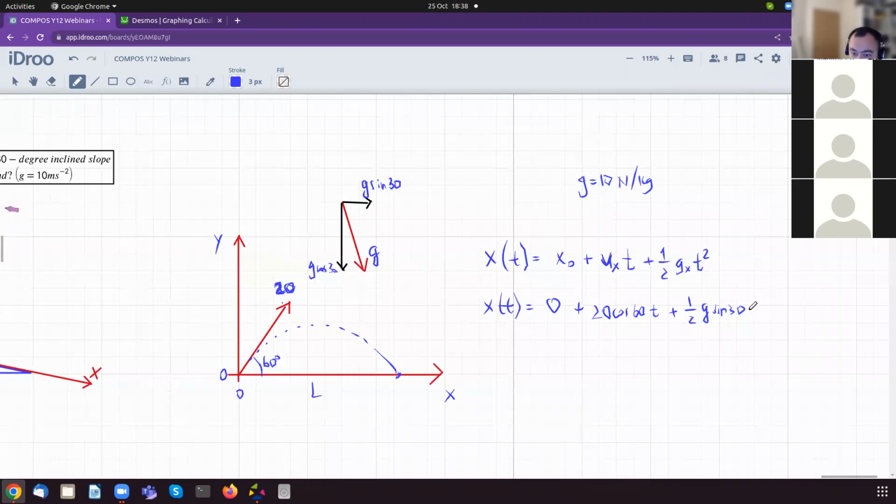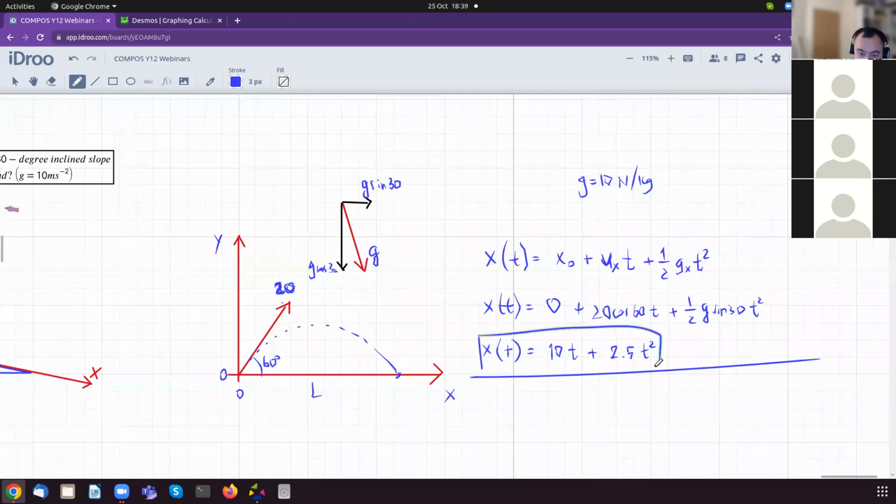G sine 30 multiplied by t squared. So x of t is, cos 60 is a half, so 10t plus a half times 5. Sine 30 is a half, so 2.5 t squared. All right, that's the horizontal equation for x.